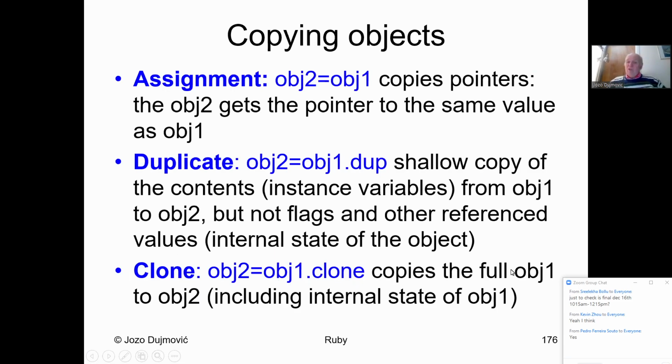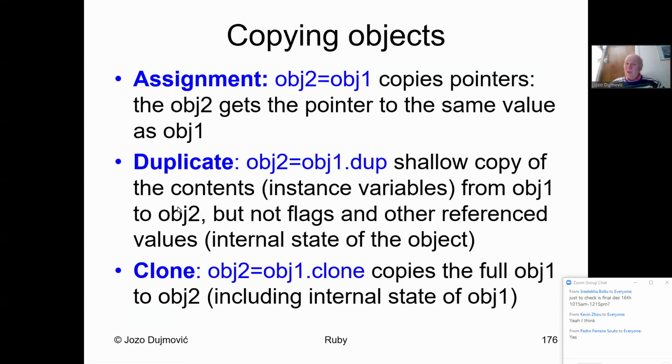Clone copies the full object, including all internal state of object 1. For example, each is tagging internally the object. So if you have a tagged object, you can have this tag that is also copied if you want to have that. So object 2 is object 1 clone, copying absolutely brutally everything that you have to the last bit.